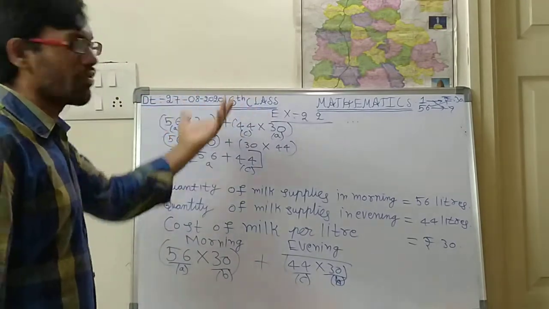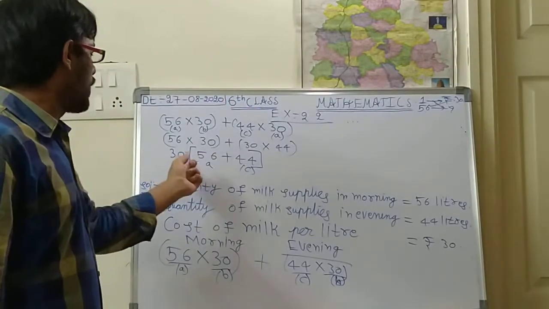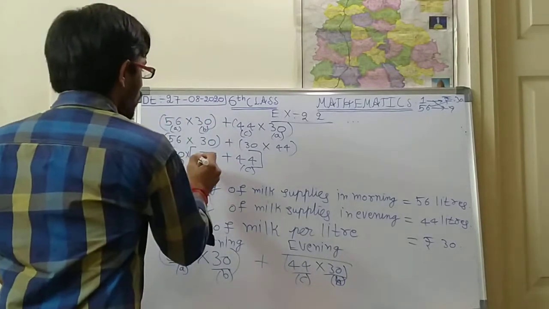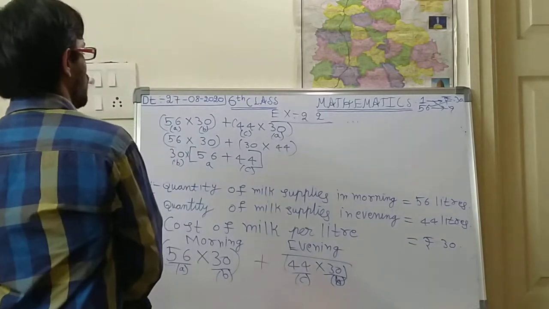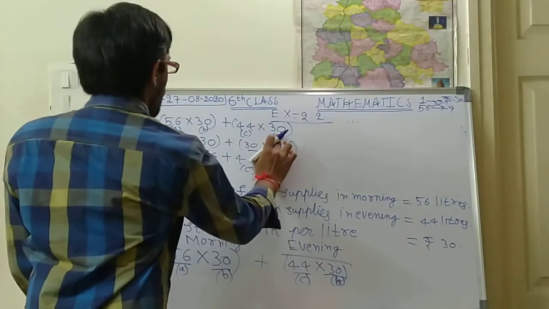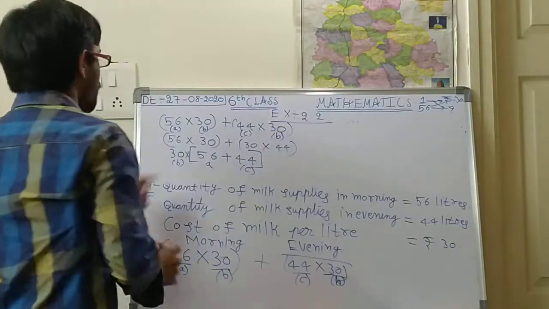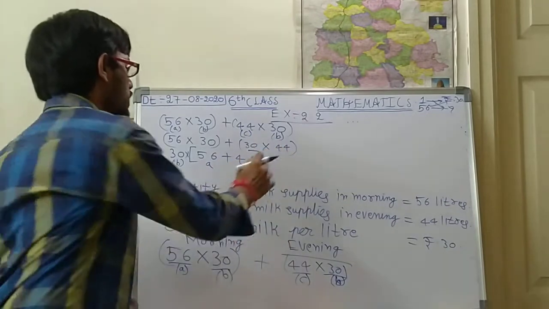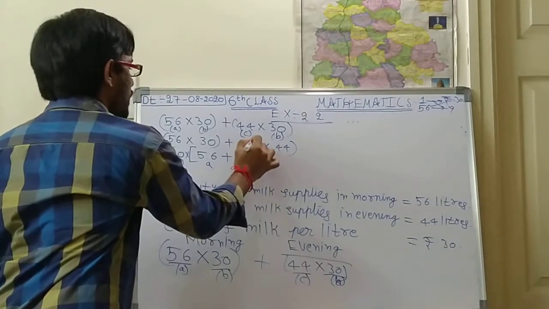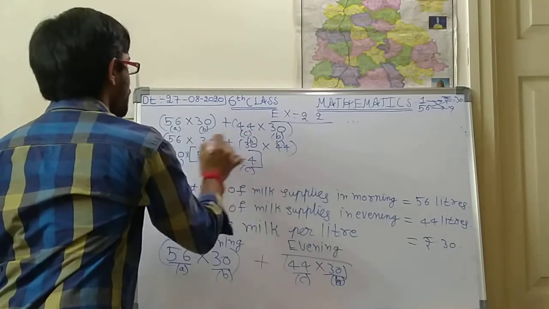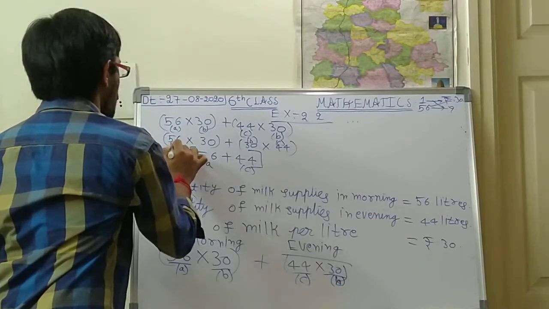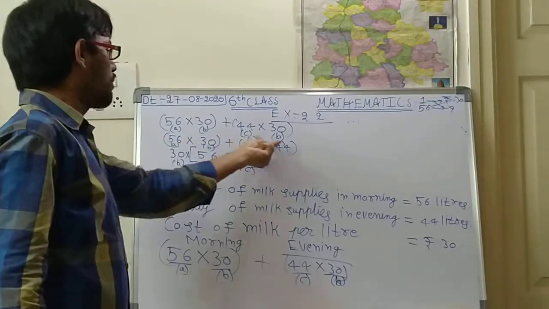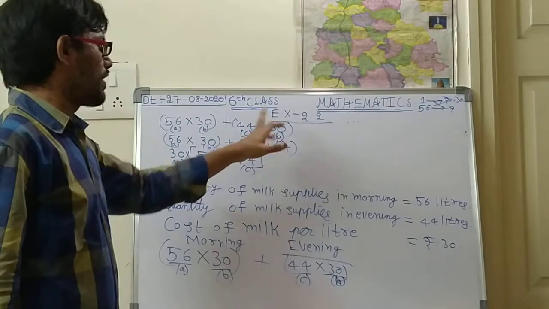B into A plus C we can write as B into A plus B into C. This is B. B into A plus B into C. So C into B will become B into C. So this is A into B plus B into C. B taking common, A plus C will be remaining.